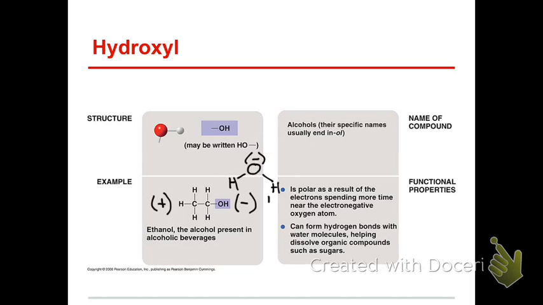And the hydrogens are slightly positive then, so we can form these weak hydrogen bonds to that side, and we can form hydrogen bonds to this side of the molecule. And that's why alcohols are easily dissolved in water. The water molecules can pull the alcohols apart, pull the separate alcohol molecules apart, and evenly distribute them throughout the solution.